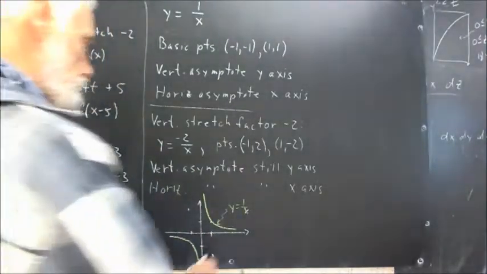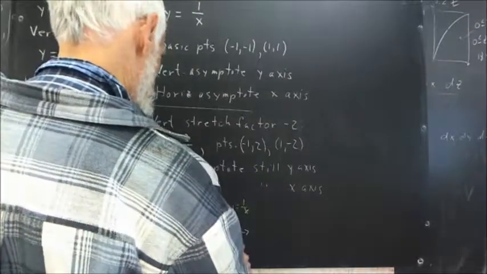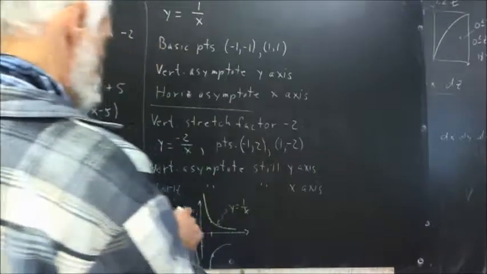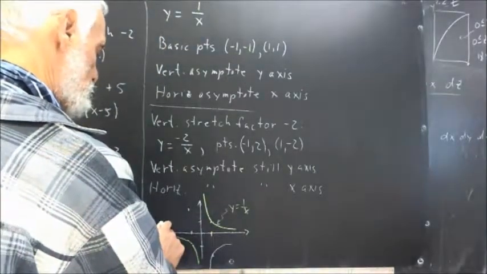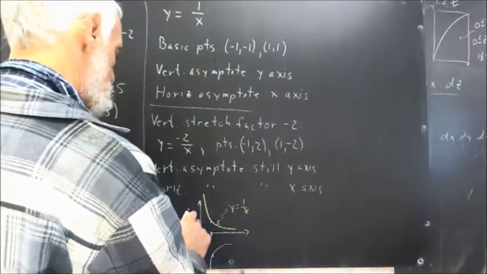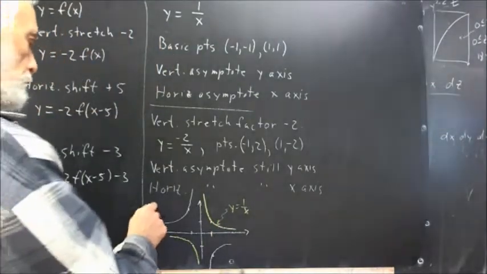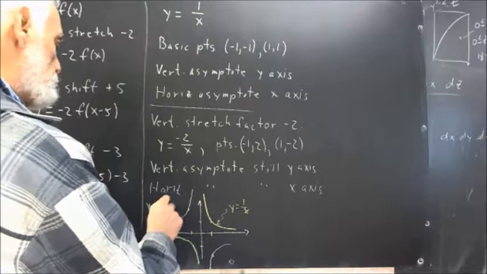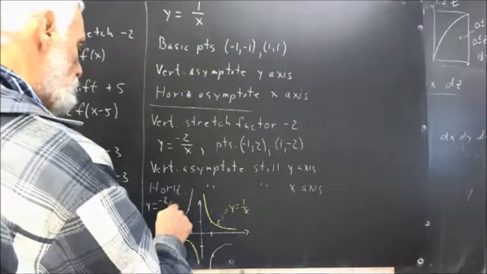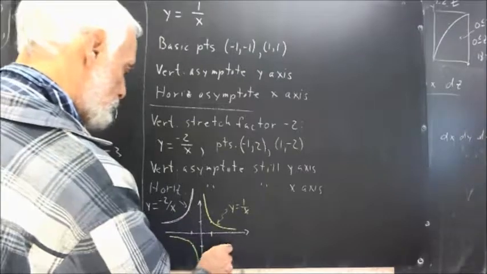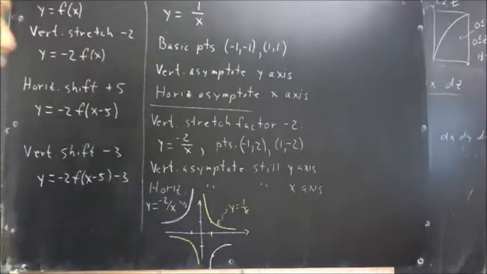So now our graph is going to look something like this. Okay, so this would be the graph of y equals -2 over x, having this part and this part.